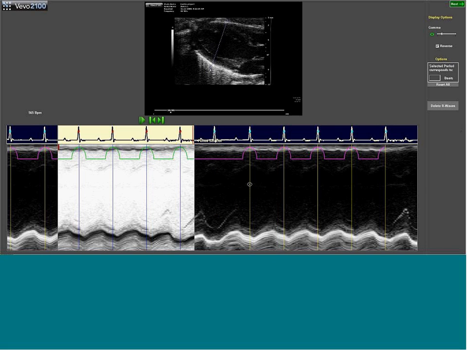If I hover over here, there's an X. I can delete these R waves, and I can put an R wave back in if I go to the area where I see the full dilation, and again, a little bit of a sync. Let's put it here, so I can put one R wave in. So this works if you're doing freehand scanning, or if you did have the animal hooked up to the physiology where you have the ECG, you can add and subtract your own R waves.